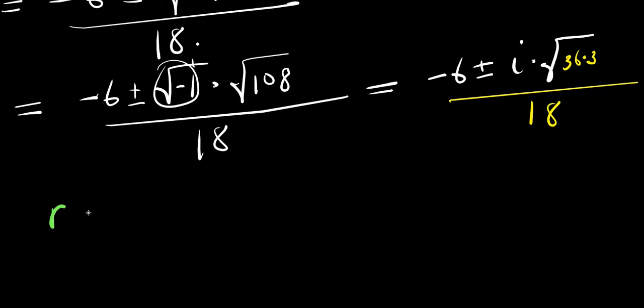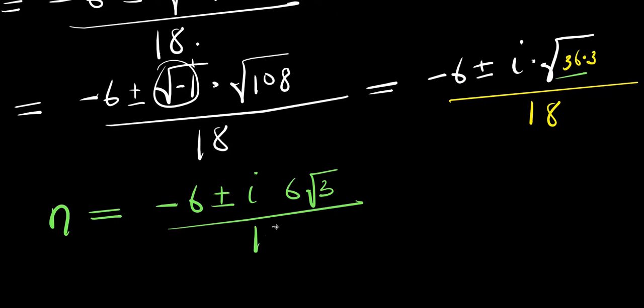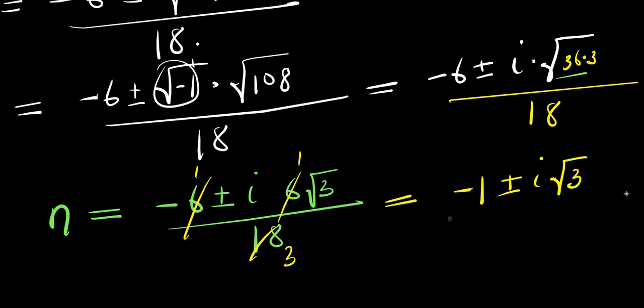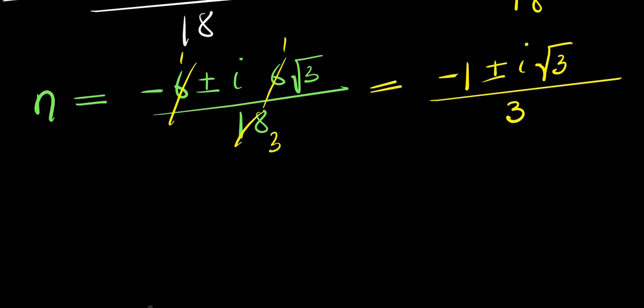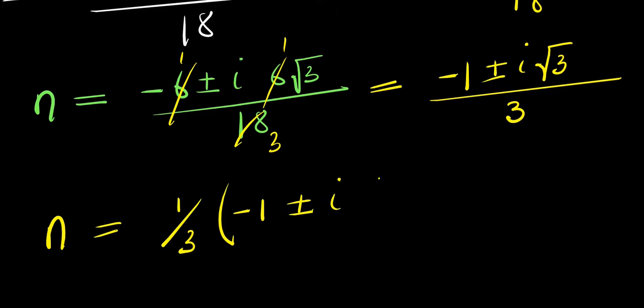So from here, we have n equals negative 6 plus or minus i times square root of 36, that is 6, root 3, divided by 18. 6 cancels 6 once, and 3 cancels. So we have negative 1 plus or minus i root 3, divided by 3. We can factor out 1 over 3. We have n equals 1 over 3 times negative 1 plus or minus i root 3.